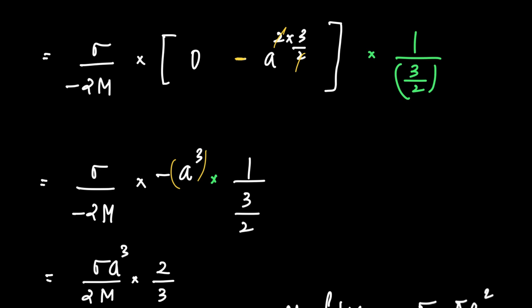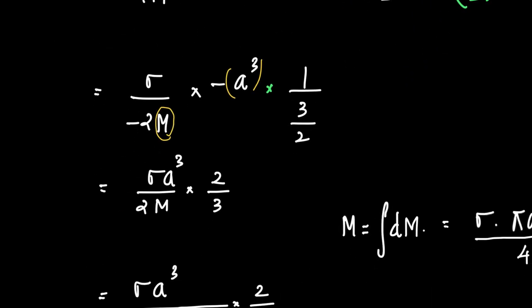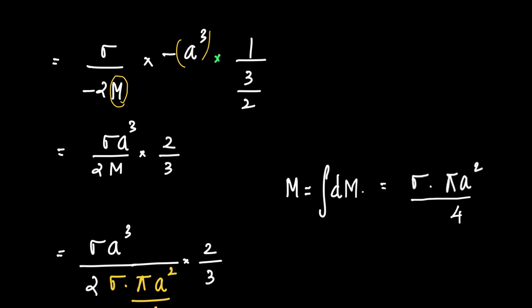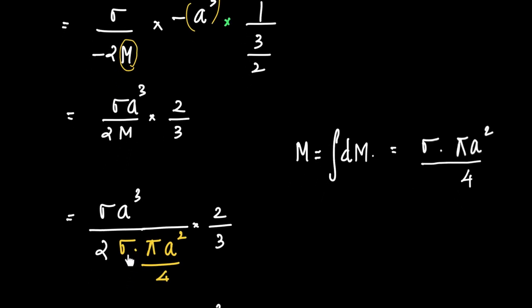Now, let us complete this m here. What is m? m was root of double integral dm, which actually was double integral dm in this question, which we found out to be sigma pi a square by 4. So I can replace this m by sigma pi a square by 4, right?